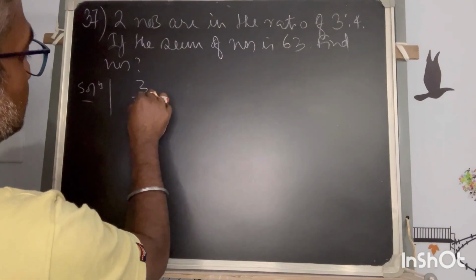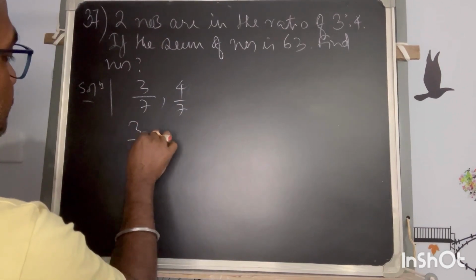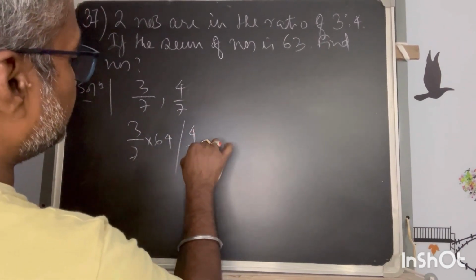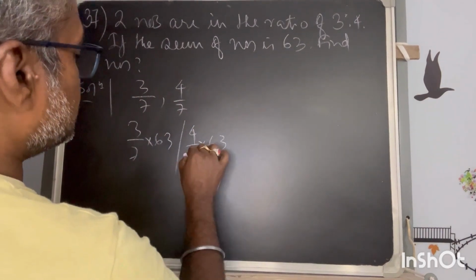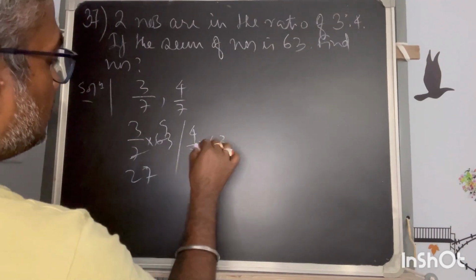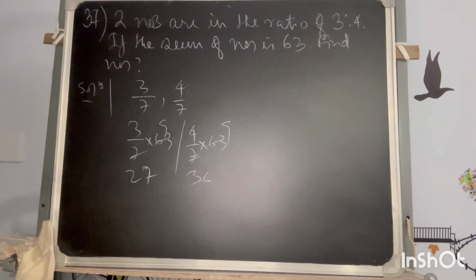The fraction is this one of what? 3/7 of 63 is one number, and this is 4/7 of 63. So 63, 7 9 is 27, and this is the same 9, 36. So these are the two numbers. Okay.